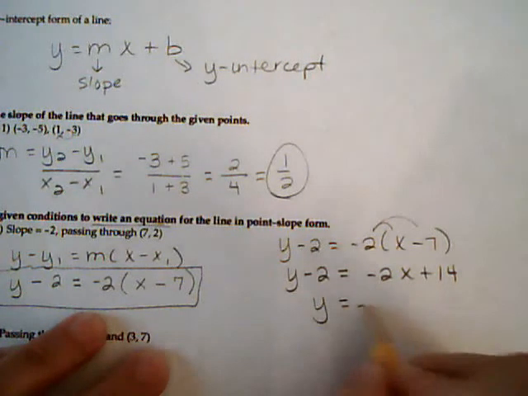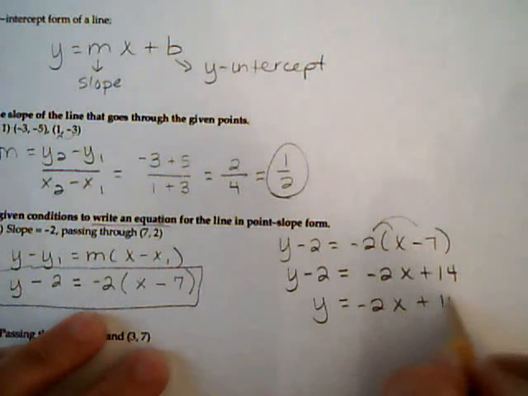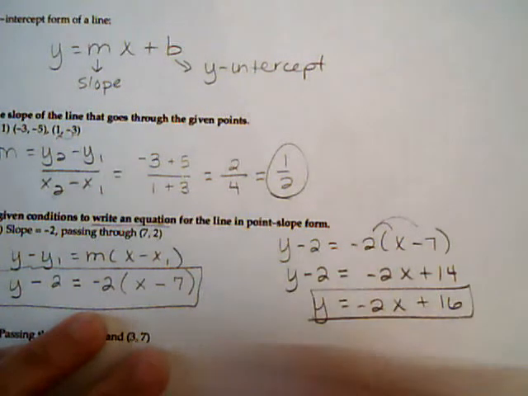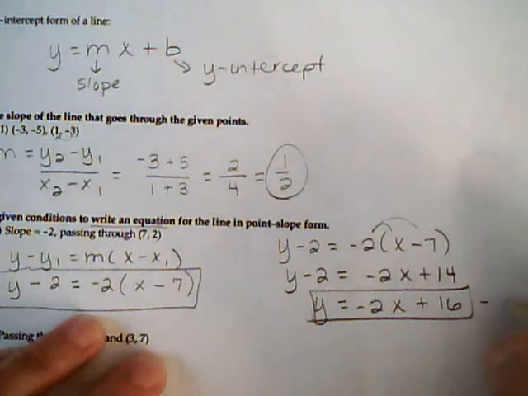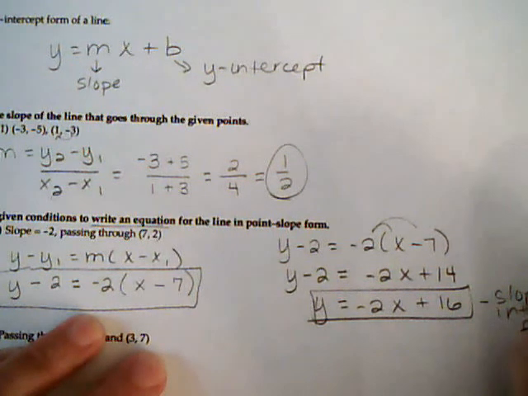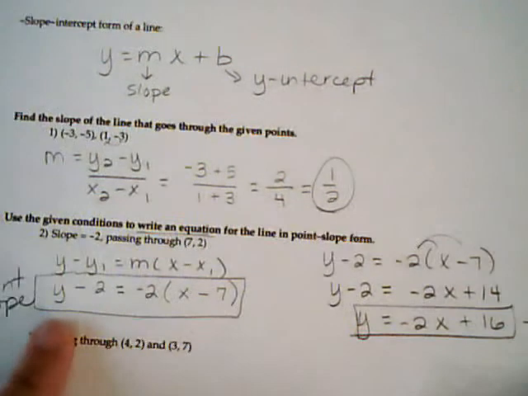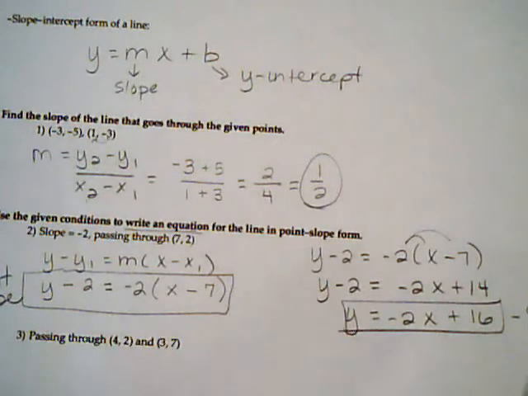If I add 2, that would give me 16. This is the same equation, the same line, just in a different form. This is what's called the slope-intercept form. So just be careful. They may ask for it either one of these two different ways.